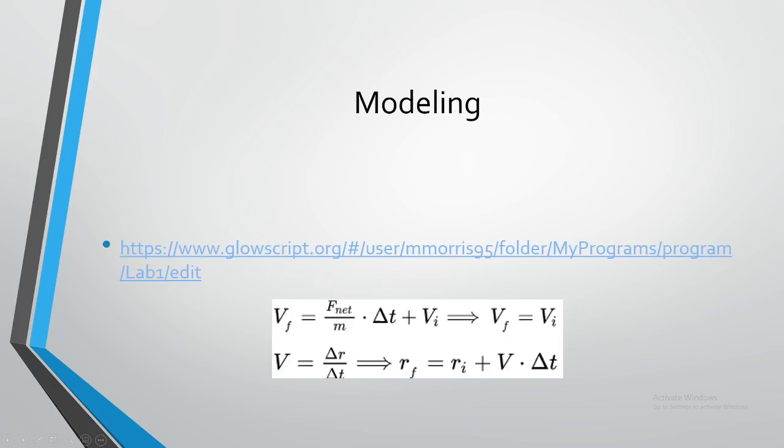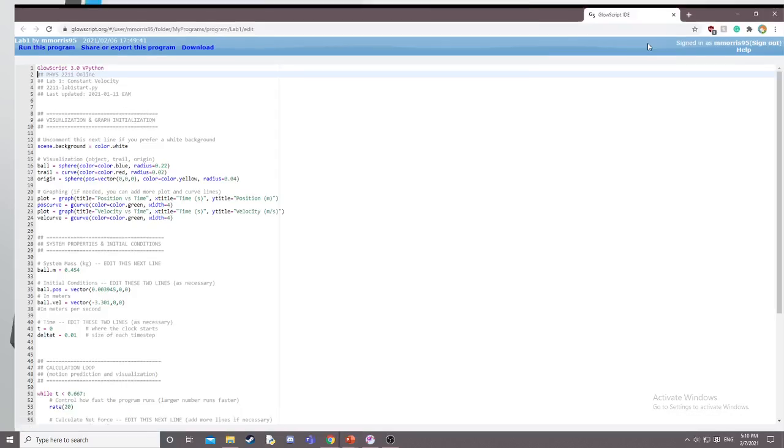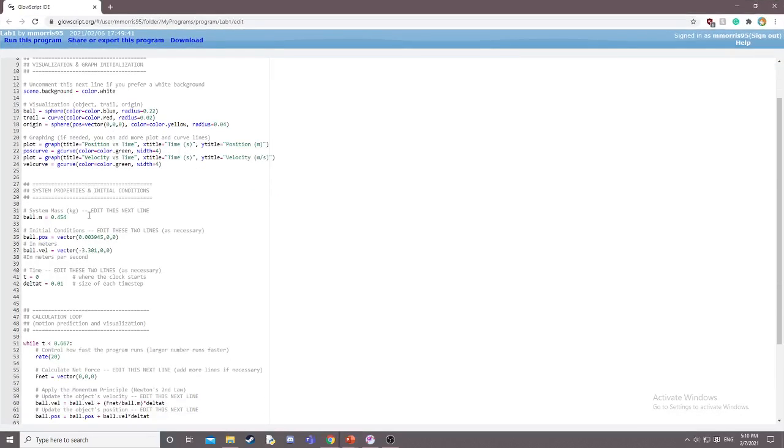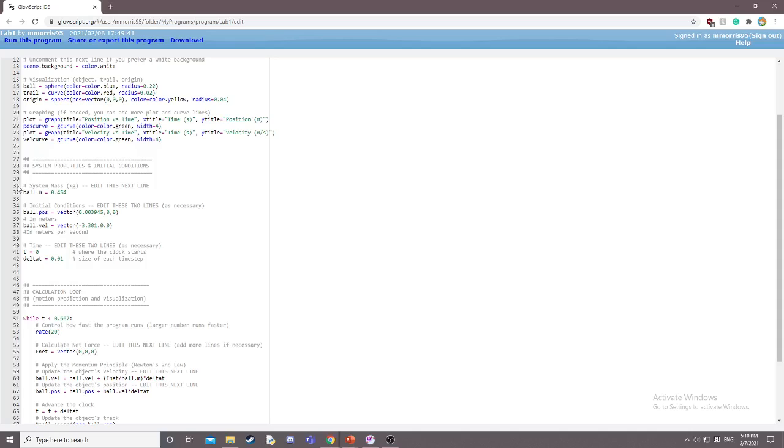I used GlowScript to create a model, keeping in mind these two equations. This first equation is Newton's second law, solved for the final velocity. And then the next equation is the update position formula. Okay, so in the actual code, I have the mass set to the standard mass of a soccer ball in kilograms.